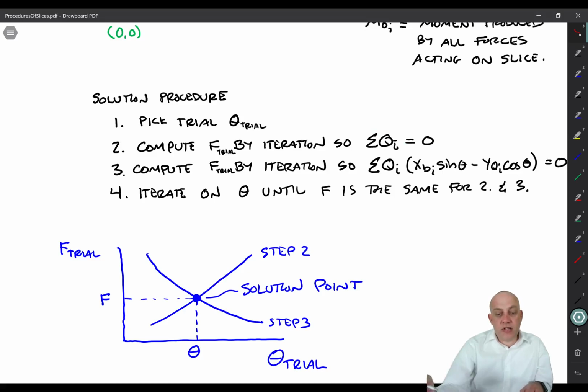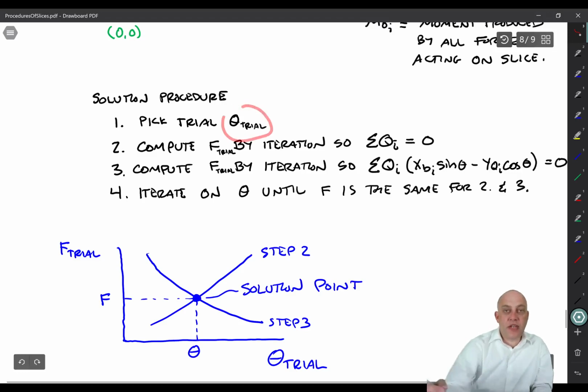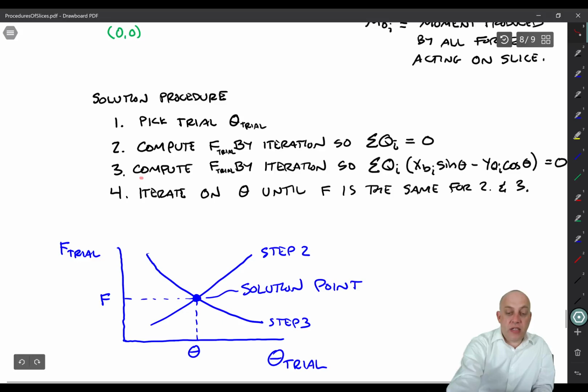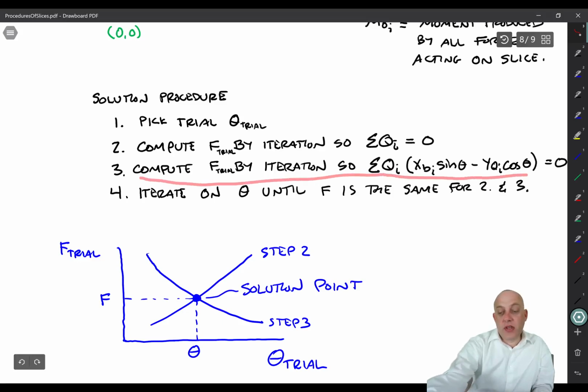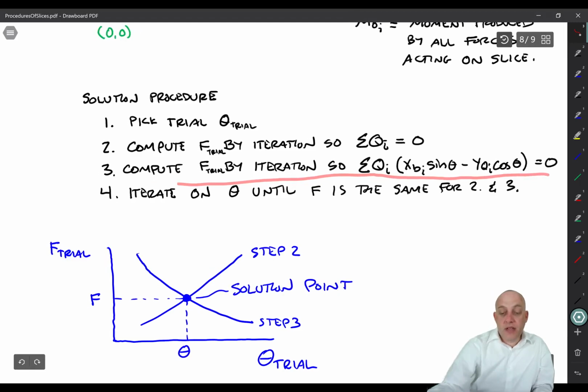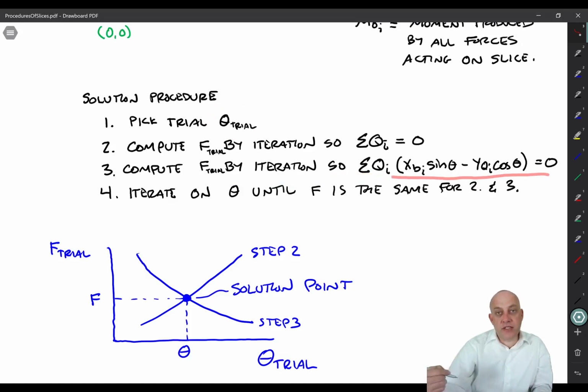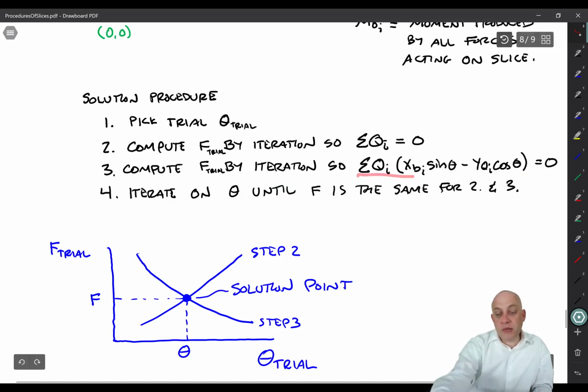And now what you've done is solve for the factor of safety that gives you force equilibrium for that particular theta trial value. Then you have to do the same thing here, compute F trial by iteration so that you get moment equilibrium. All right, so for this particular theta trial value, you're going to get a different factor of safety in general that provides moment equilibrium.